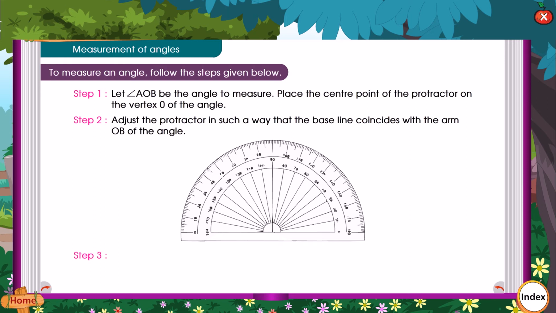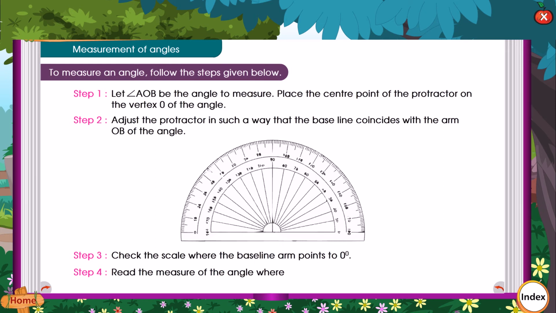Step 3. Check the scale where the baseline arm points to 0 degrees. Step 4. Read the measure of the angle where the other arm crosses the scale. The measure of angle AOB is equal to 45 degrees, or m angle AOB is equal to 45 degrees.